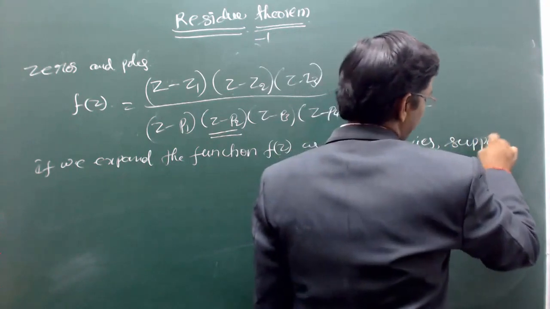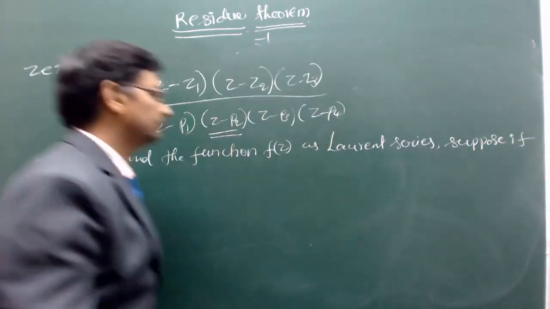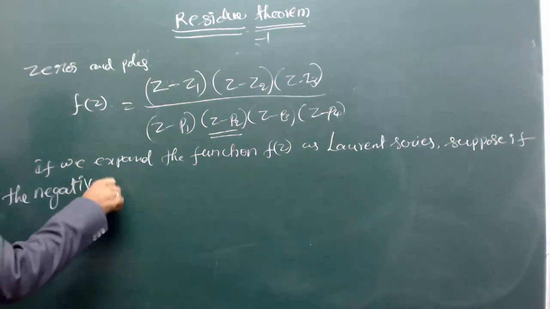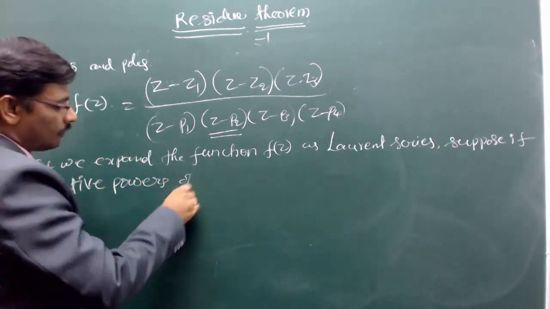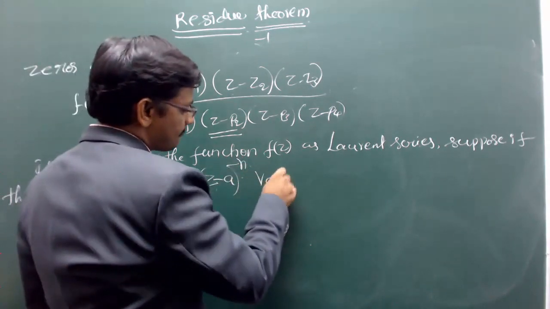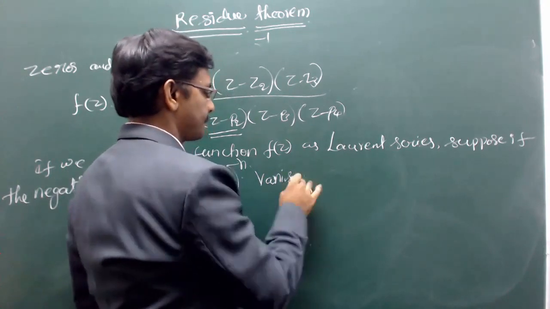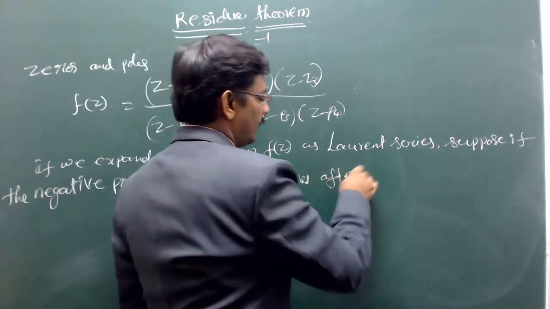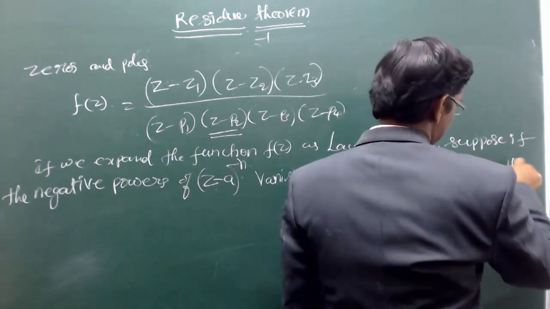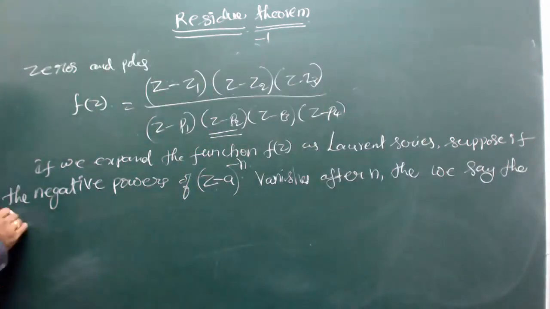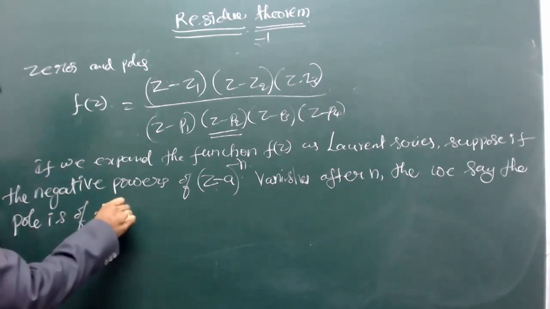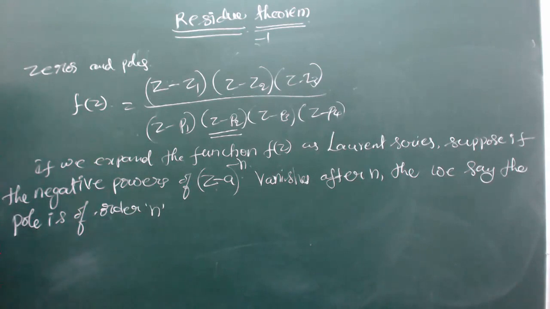Suppose the negative powers of z minus a vanish after n, then we say the pole is of order n.